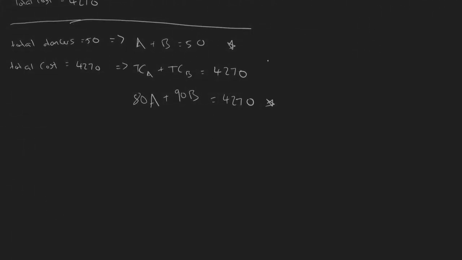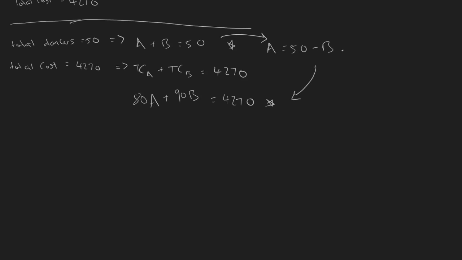Now to do this, I'm going to substitute this equation into this equation. Again, I am looking for the letter B, so I'm finding out what B is. Therefore, I am going to rewrite this equation in terms of A. So A equals 50 minus B. That way I can put this into here, replacing A and leaving me with just B to solve.